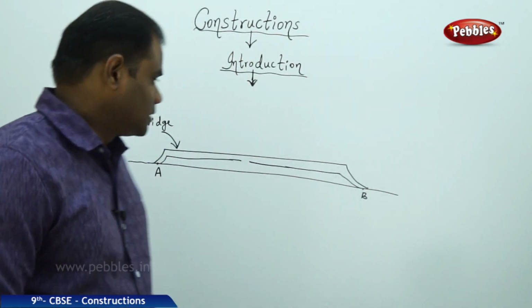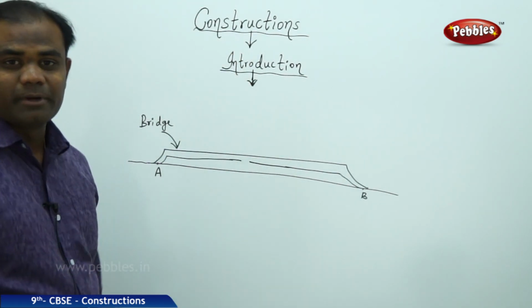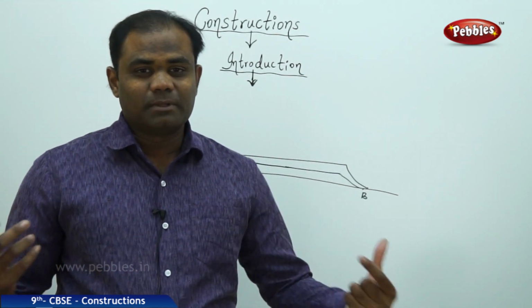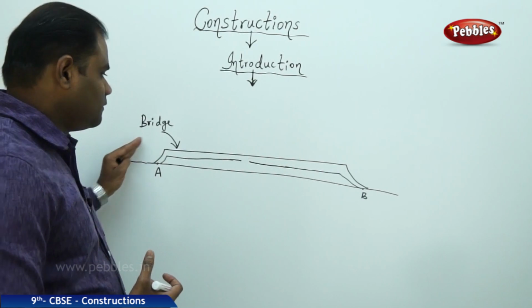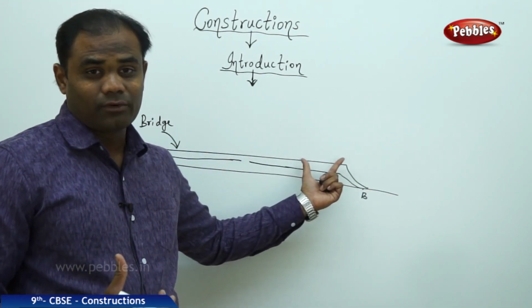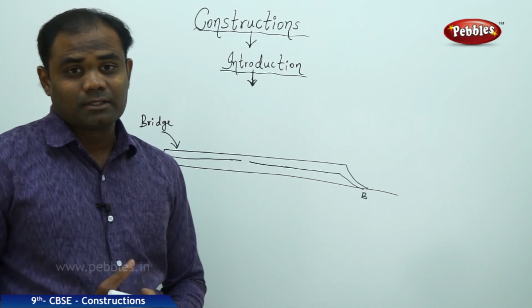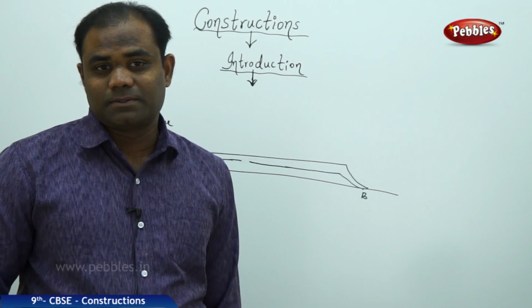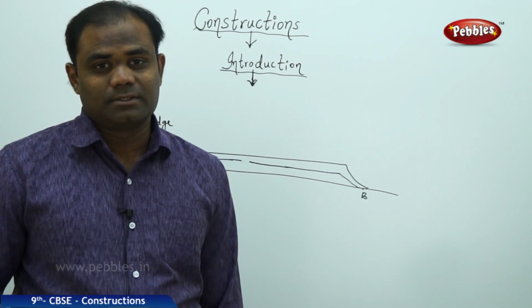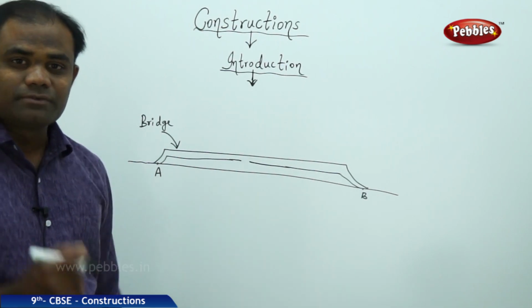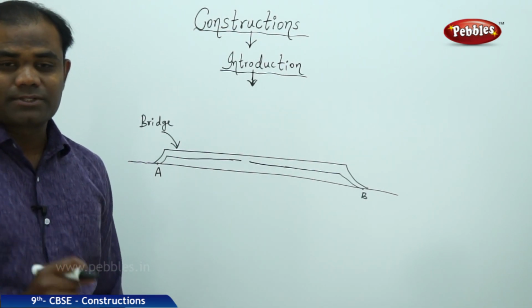How do we make the pillar supporting the bridge in the middle? Because we all know that if we don't have the pillars supporting it from below, then the heavy vehicles passing on the top would stress the concrete of the bridge, or else the bridge would fall and collapse on the ground, causing more damage and casualties. Therefore, an engineer, while constructing a new bridge, is very cautious about using constructions.